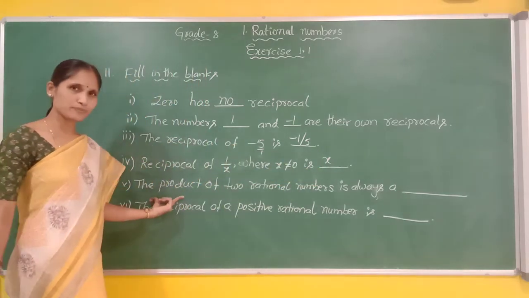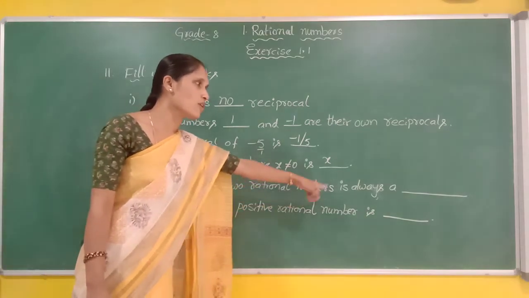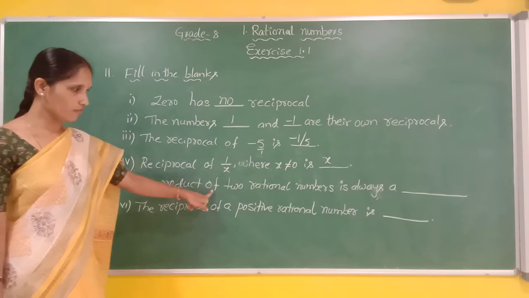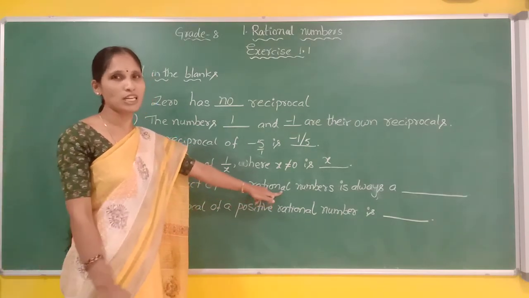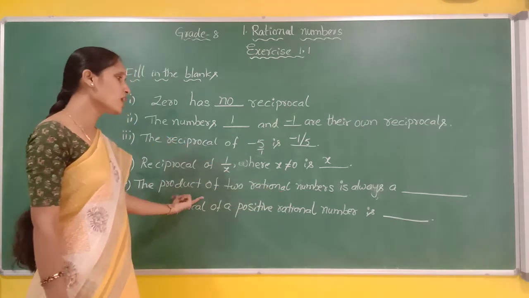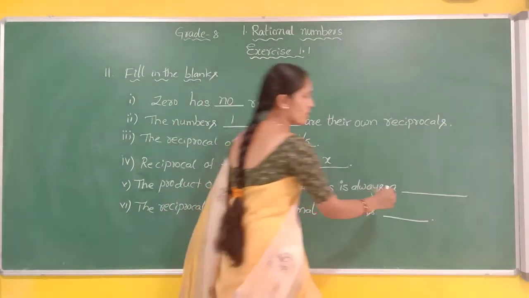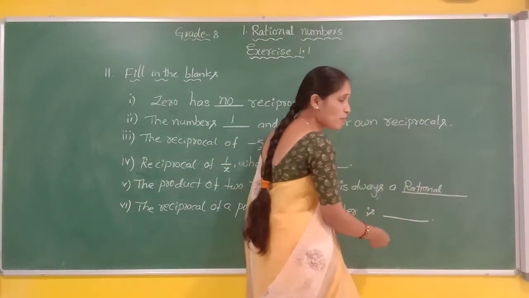Next one. The product of two rational numbers is always a rational number. Closure property with respect to multiplication.